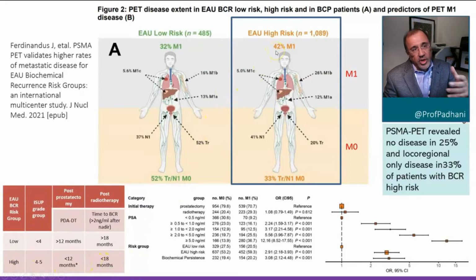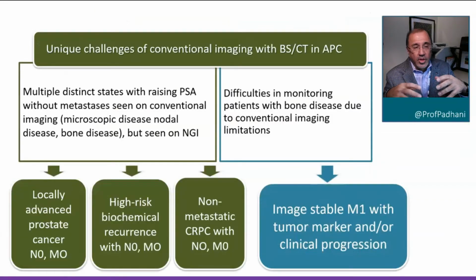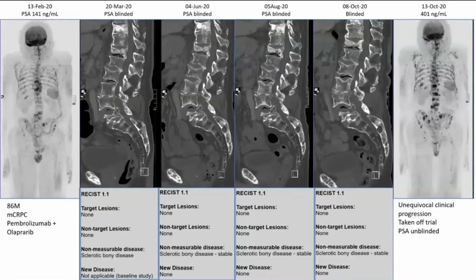And we are also aware that in the response assessment state, there are difficulties in monitoring those patients with bone disease using conventional imaging. So let me show you an example of an 86-year-old man who is on a clinical trial and is being followed by regular imaging. You can see that it has been prospectively called stable over time.